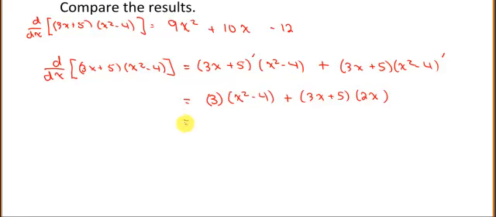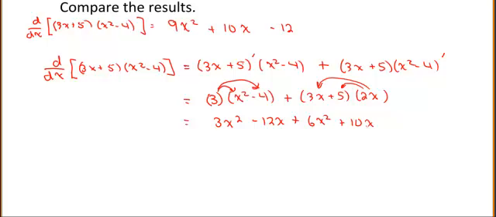Let's multiply these out and see that we have the same thing. So we'll have 3x squared, remember to distribute, minus 12x, and then remember to distribute when we multiply these. So I have 6x squared plus 10x.